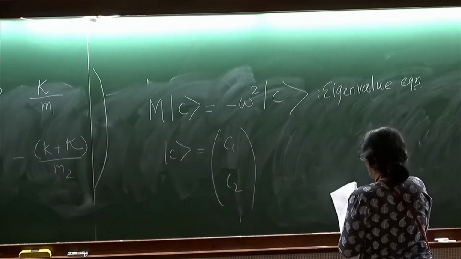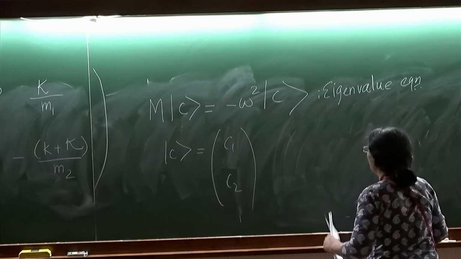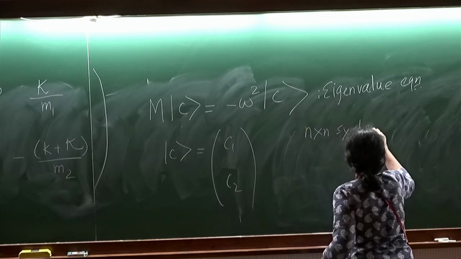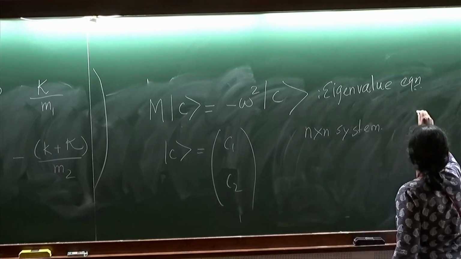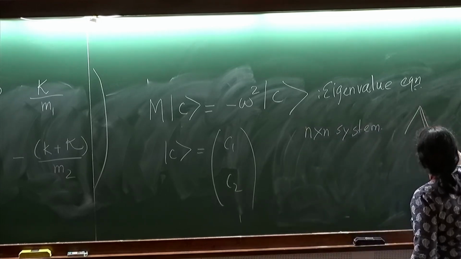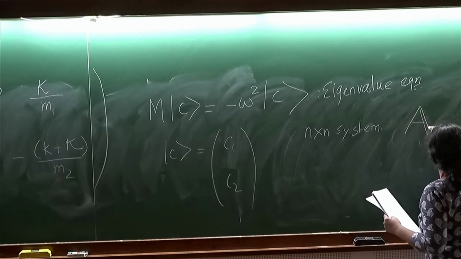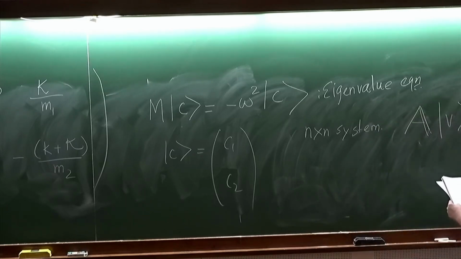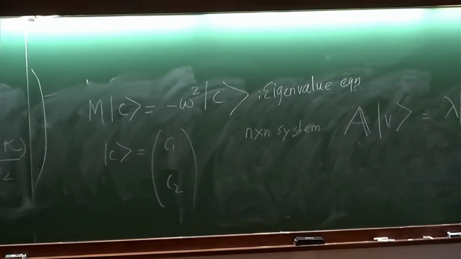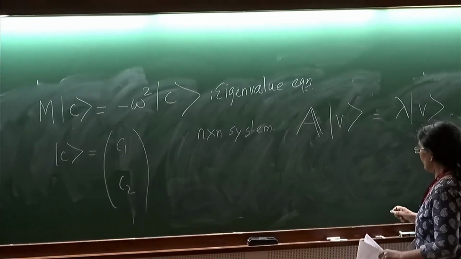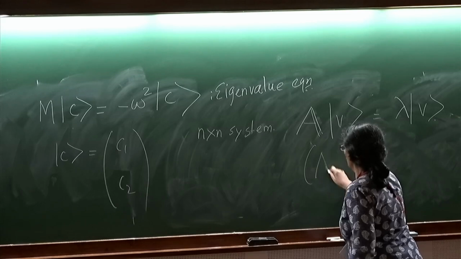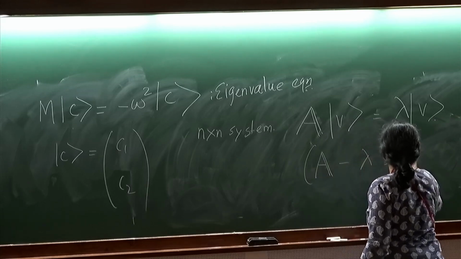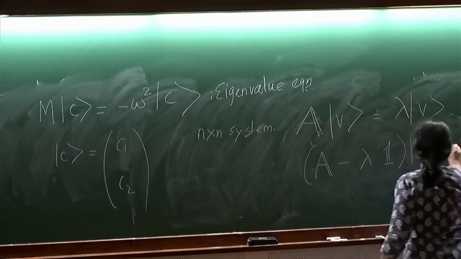And so in general, if we have an n by n system, suppose the n by n matrix looks like this, A, and A V equals lambda V. This is the eigenvalue equation pertaining to that. Then we can rearrange and write it as A minus lambda 1 V equals 0, right?